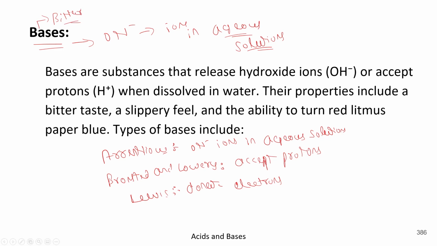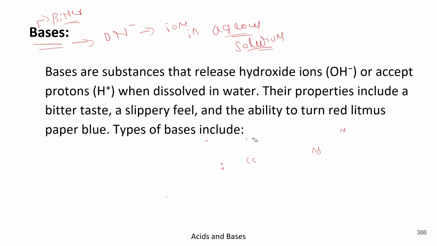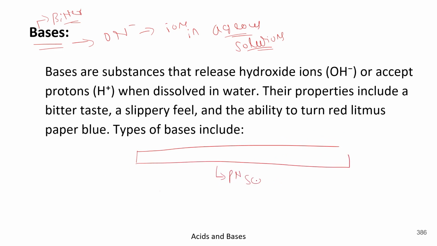And then we discussed that they taste bitter. Also, we had a discussion over some different indicators which we used for bases and for acid identification. And we also said that to check the intensity of a substance being acidic or basic, we use a scale known as the pH scale, in which the neutral value is 7.